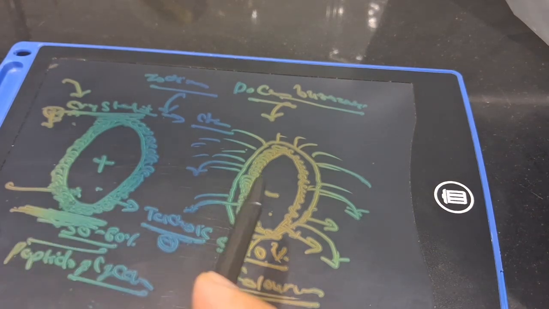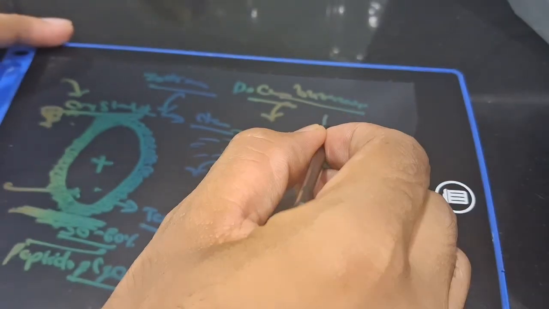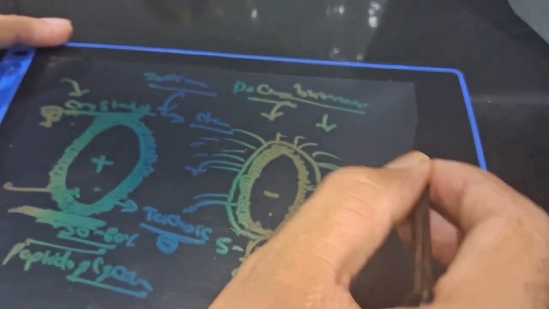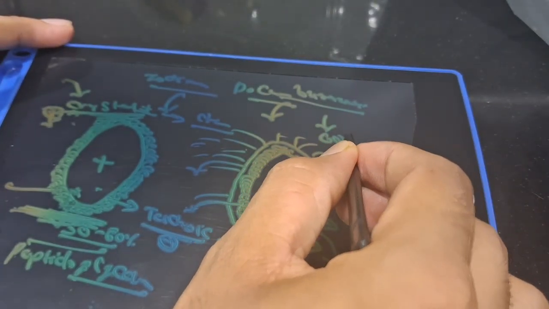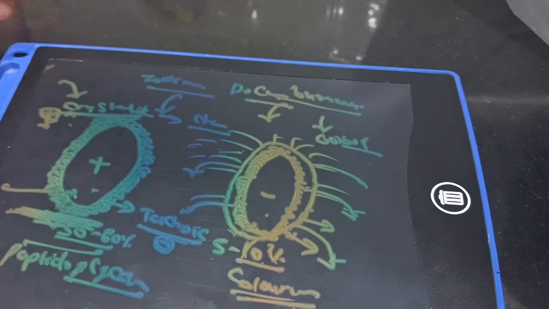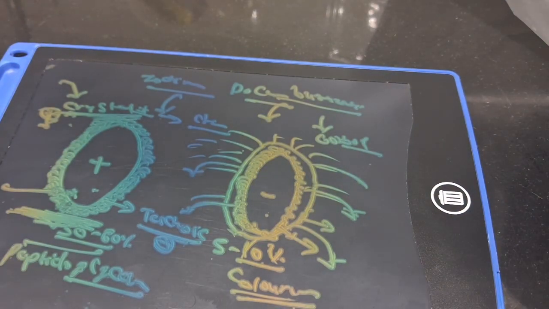And now comes the final part, the counterstaining. As a counterstain, I am using carbol fuchsin. You can use safranin or carbol fuchsin, whatever you would love to use. But let me tell you again that carbol fuchsin or safranin is a positively charged dye. So here comes the chemistry again.